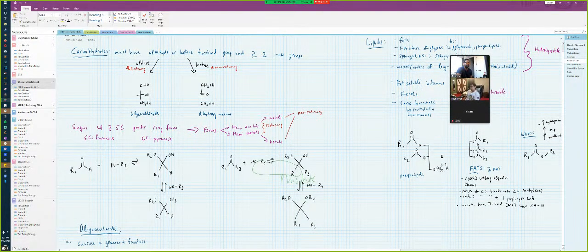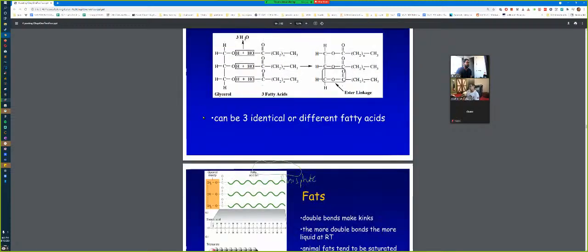You see that? So this is a regular fatty acid phospholipid right here. And since it's charged, it's going to be hydrophilic. Got it. So that's why it's in the lipid membrane.